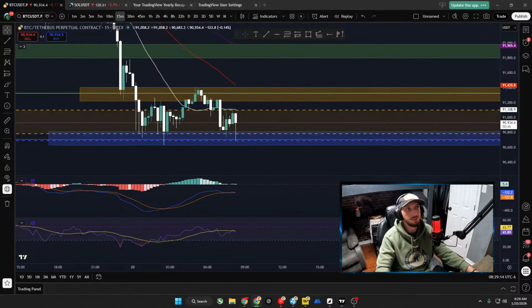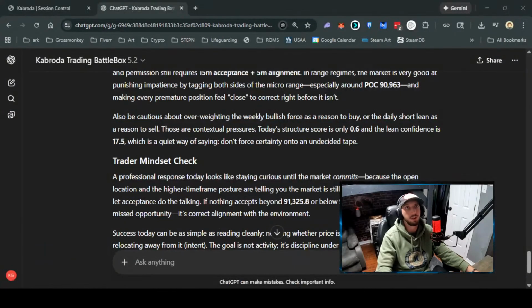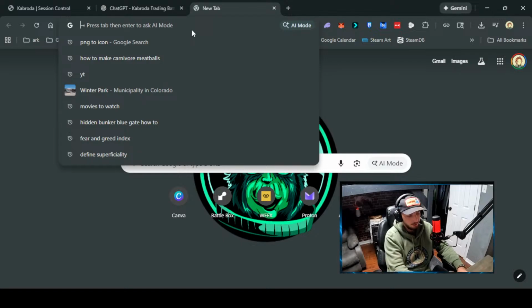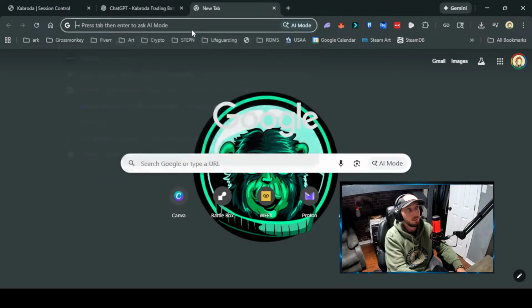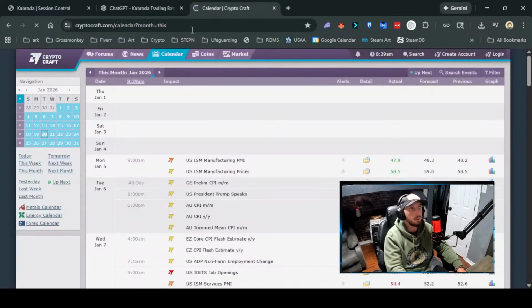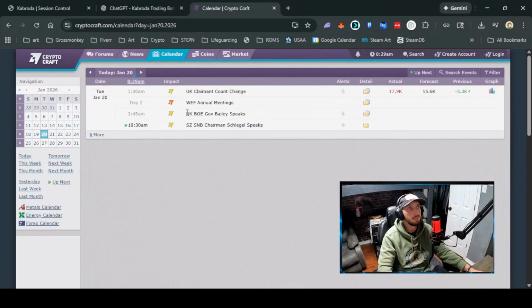We can check real fast. I want to see if there's actually any news today. So we'll go ahead and open up a new website and go to cryptocraft.com, and we'll head to today's date, the 20th. Looks like we had a WEF meeting today. That is a little bit higher impact, but really nothing going on today other than that.